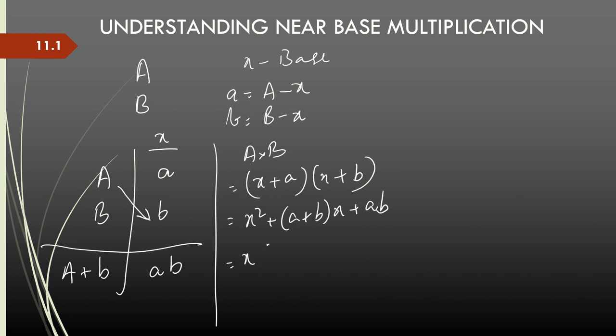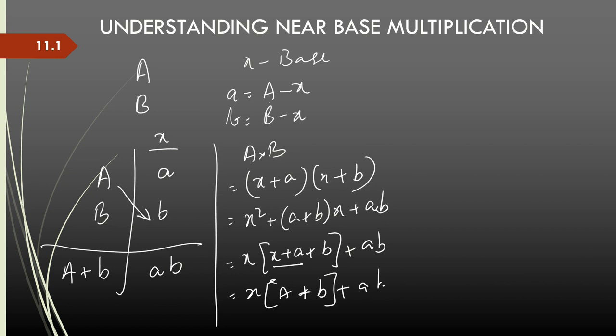And if I take x as common, this is x times (x plus a plus b) plus ab. I can further write it down now. X plus a is nothing but capital A. So this is x into (A plus b) plus ab.